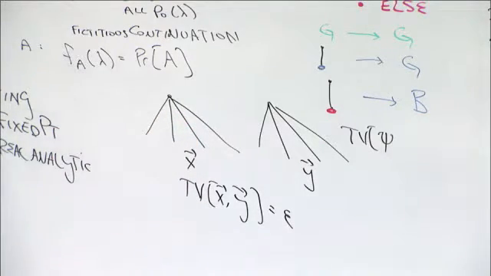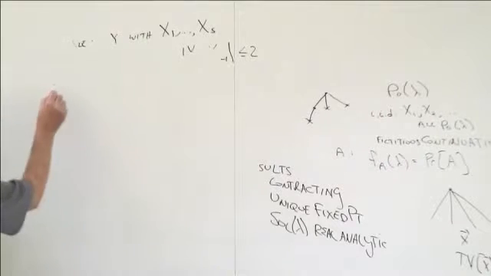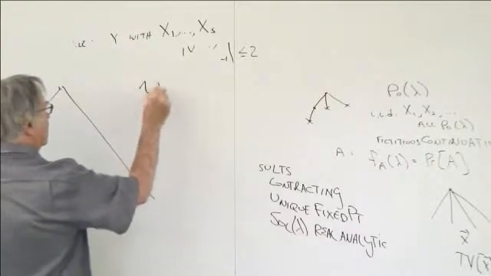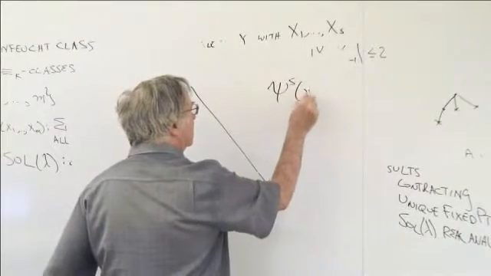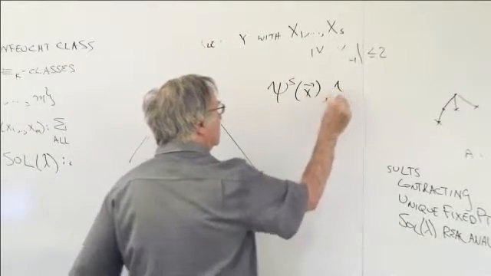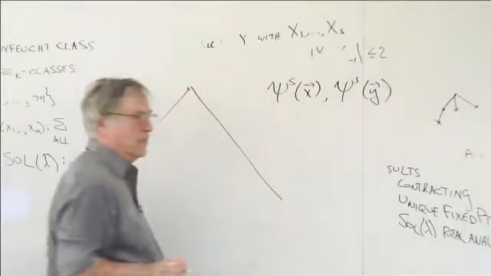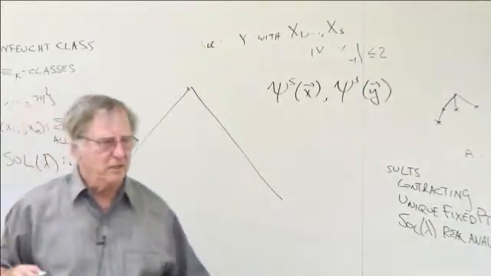Now, what happens when lambda is greater than 1? What happens then is it's more complicated. You go down. So instead of psi, we're going to iterate psi, which means the following.